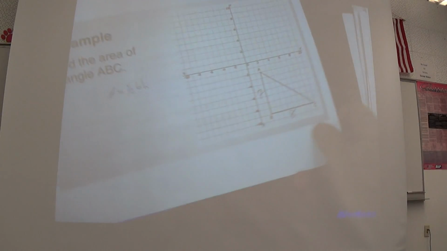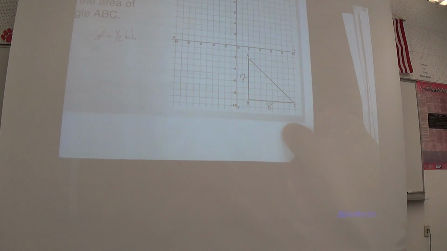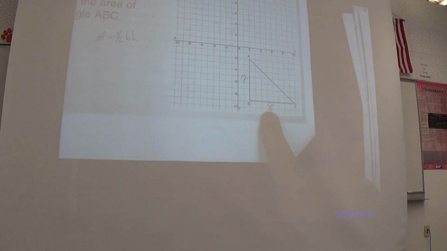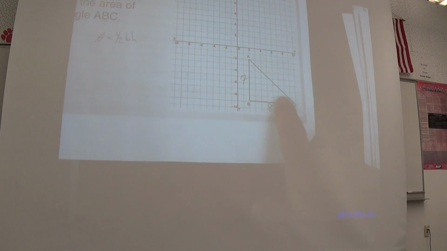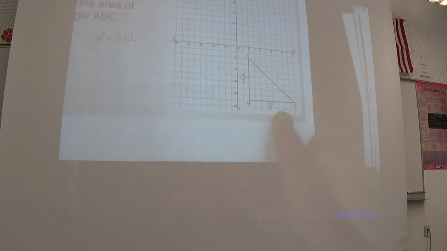But if we turn it this way, and we have this as our base, and we take 1/2 of the base times the height, now we just have 4 times 7. Because half of 8 is 4. 4 times 7 is 28. So this would be 28 square units.